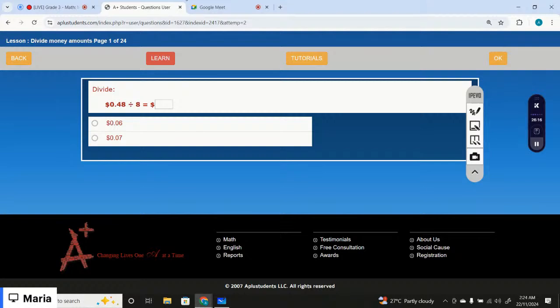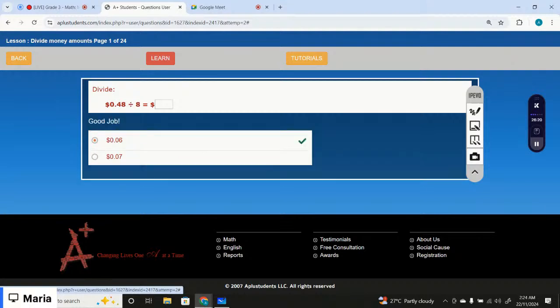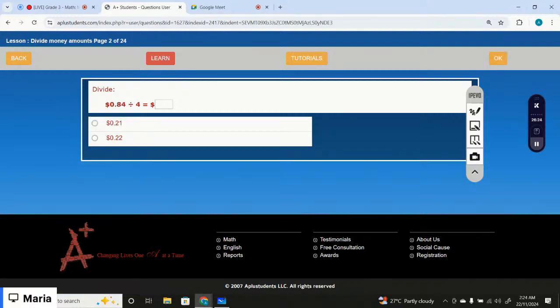8 times 6 is 48, right? So the correct option is option number 1, that is 0.06. 0.84 divided by 4.